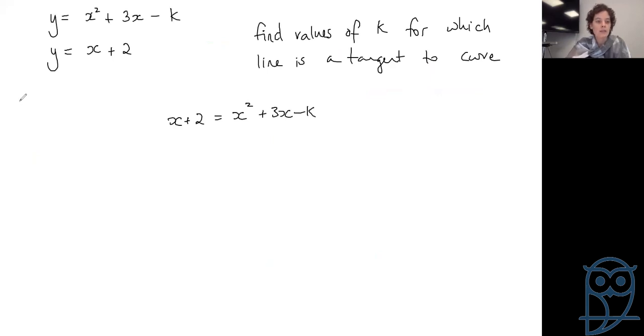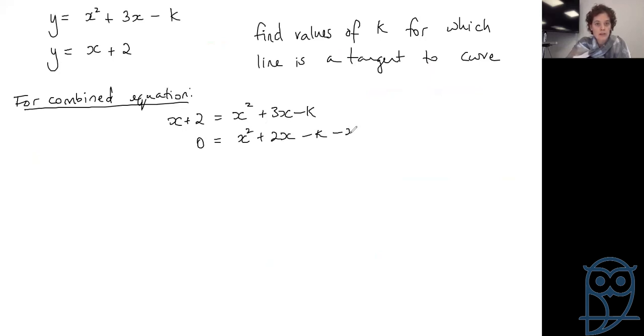We could even label this as a combined equation, letting our examiner know what our thought process is. Bring everything to one side: x squared plus 2x plus k minus 2. And now we've got a quadratic, and we can use a discriminant on this.